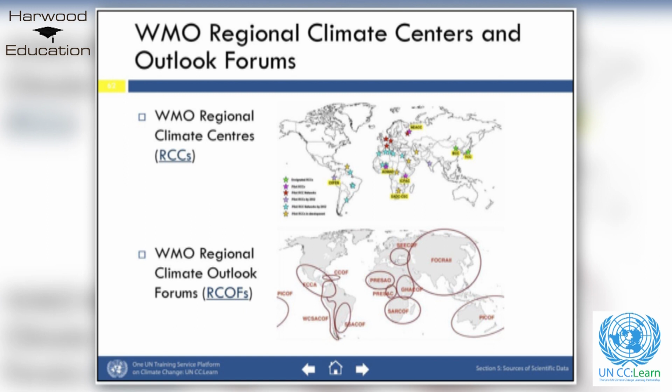By bringing together countries having common climatological characteristics, the forums ensure consistency in the access to and interpretation of climate information. The information provided by RCOFs is being applied to reducing climate-related risks and supporting sustainable development.